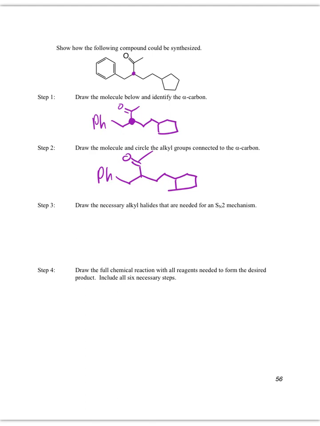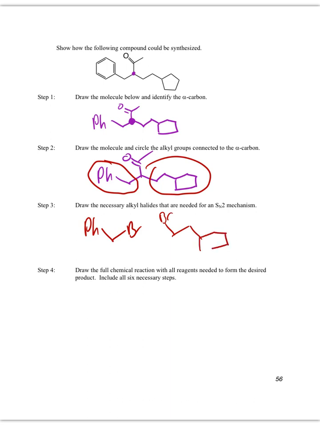We'll circle them in red. So it's these two. Okay, let's erase the longer line there and cut a little wild with my bond. And then draw the necessary alkyl halides. It's going to be the same as above, the benzyl bromide, and then the bromine off of the 5-membered ring.